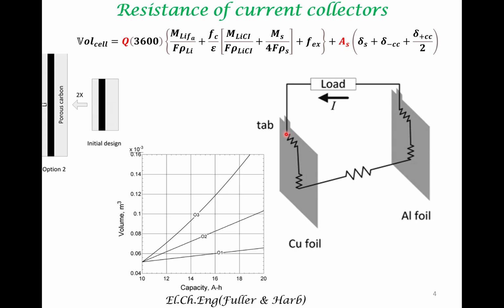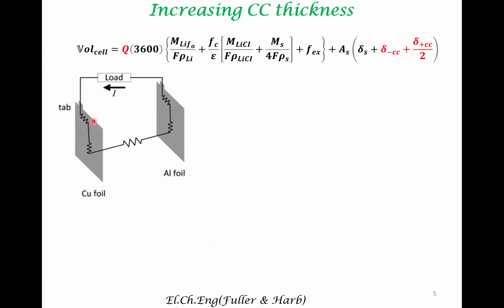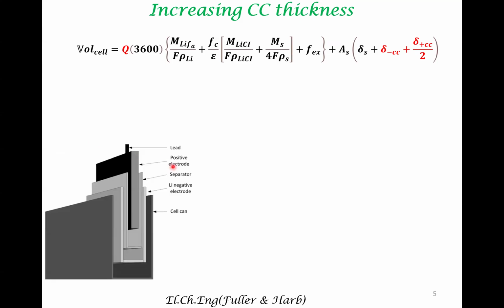To address this issue of ohmic drop in the current collector, what I may do is increase the thickness of the current collector to decrease the resistance. Okay, so if the thickness of the current collector is increased, it will compensate for the increase in the resistance of the current collector.